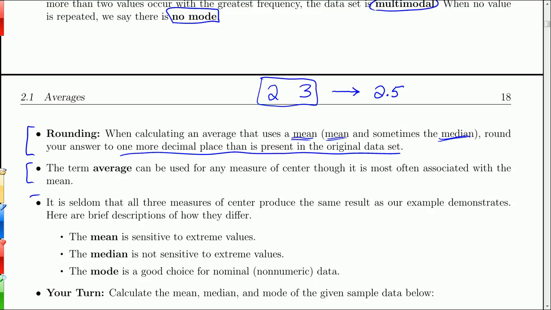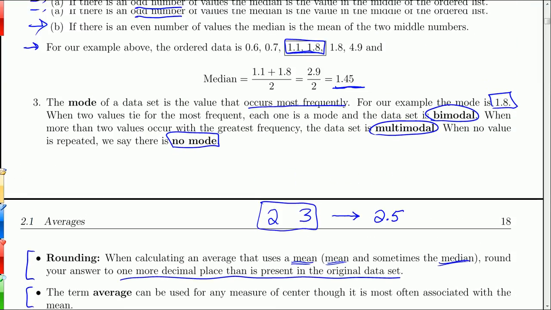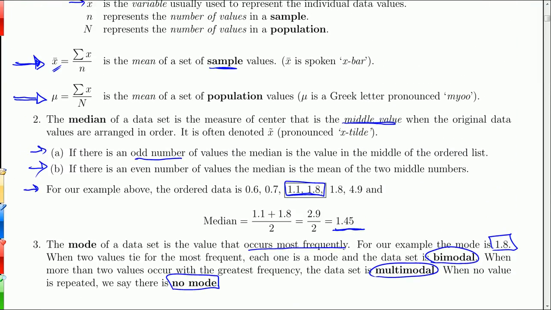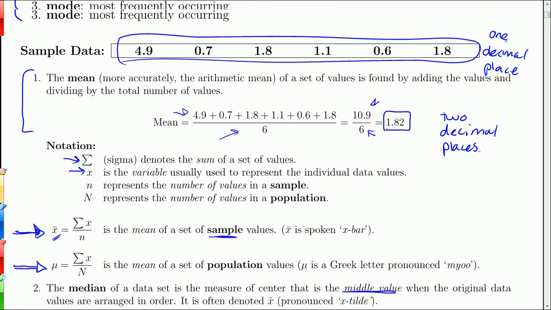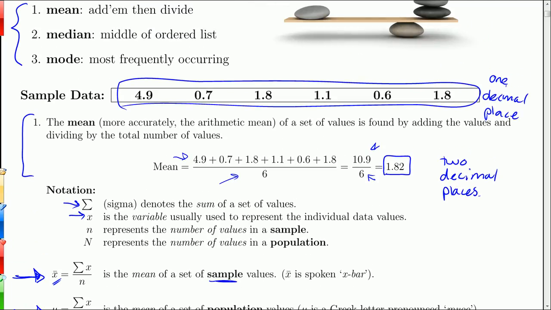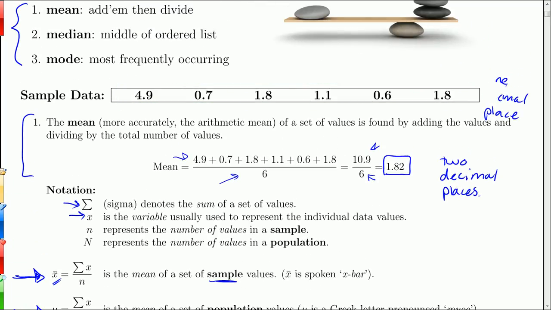The mean, median, and mode do not always produce the same value, as our previous example demonstrated. The mode was 1.8, the median was 1.5, and the mean was 1.82. And here's the difference between these. Suppose I change one of these values.